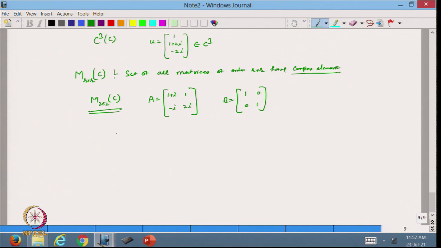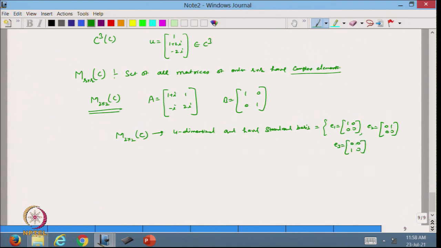So, in this case, M 2 cross 2 over the complex numbers has dimension 4, and its standard basis is E1 equal to 1 0 0 0, E2 equal to 0 1 0 0, E3 equal to 0 0 1 0, and E4 equal to 0 0 0 1. So, this is my standard basis and this is of dimension 4.